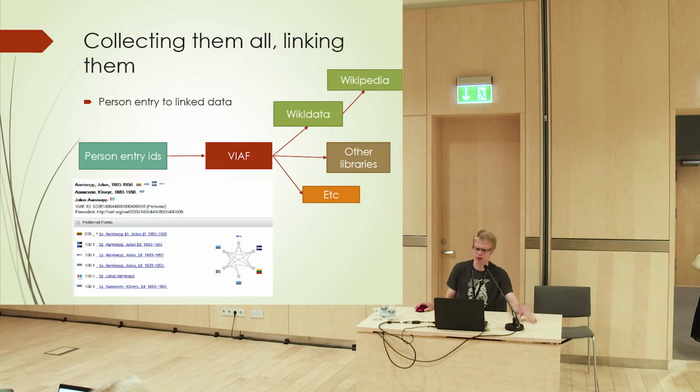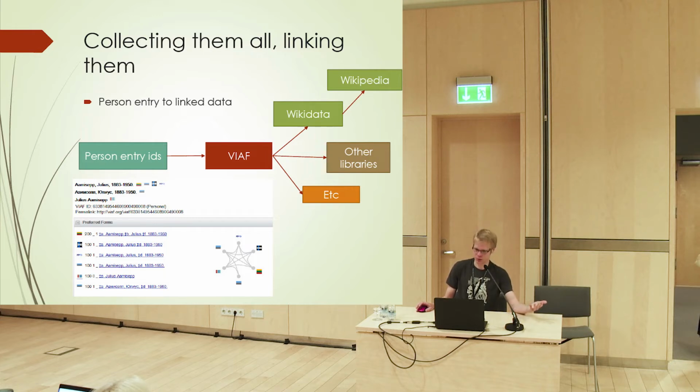So for example, Wikidata. And then you can start to combine them for a better data set. So for example, I can get this one person, Julius Amisepp.